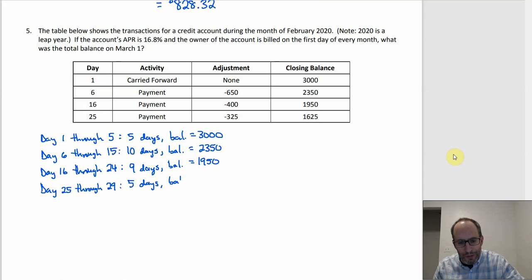And for those 5 days, the balance is 1625, because on the 25th and later, all 3 of those payments have been made. All right, so we'll get the average daily balance, and then from there we can figure the interest out, and then we'll just about have it at that point.